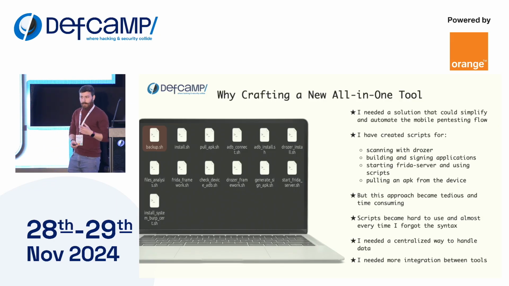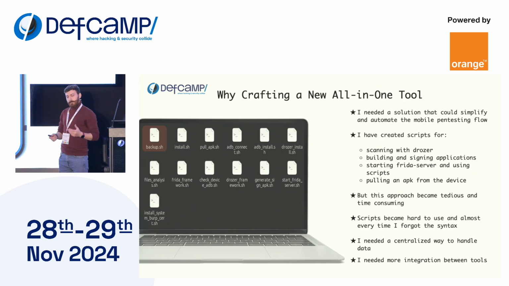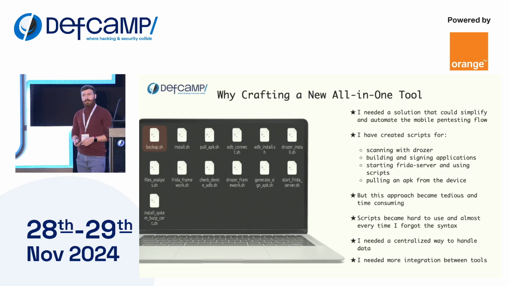You are doing them from time to time, so you start to forget syntax. So this became tedious again, and it was frustrating for me. So I needed a way to centralize those tools into one simple formula that can help me do the job very well.